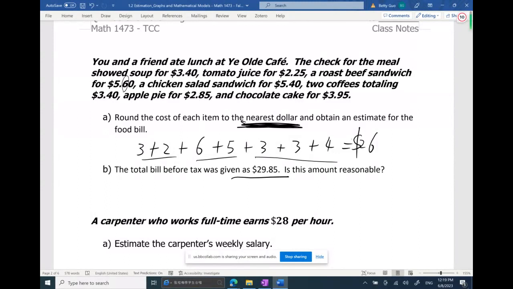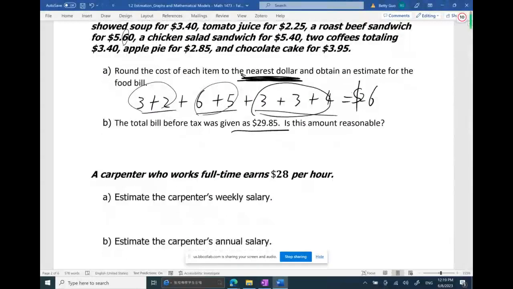So 3 plus 2 plus 6 plus 5 plus 3 plus 3 plus 4. So this makes a 10, and this makes an 11. So that is 21. 21 plus 5 is 26. It is 26. It is still very close, right? Yeah, the error is $3.85.